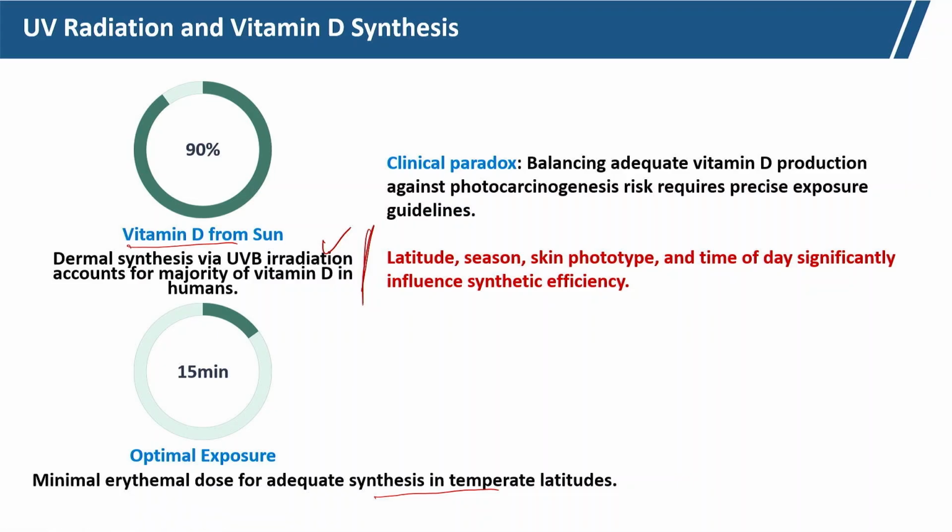The main clinical paradox is balancing adequate vitamin D production against the photocarcinogenesis risk, which requires precise exposure guidelines. That is important. We need the exposure for vitamin D, but the risk of skin cancer or different types of health hazard is also there at the same time.